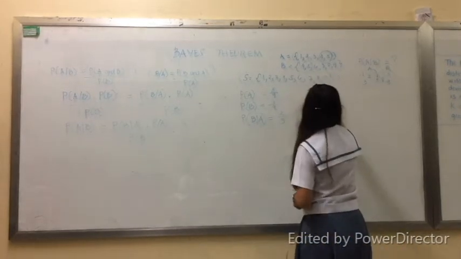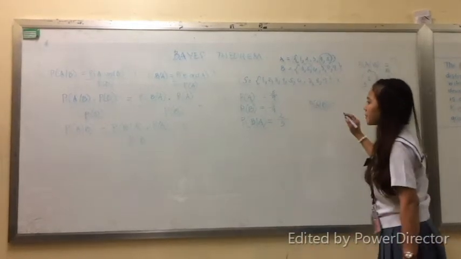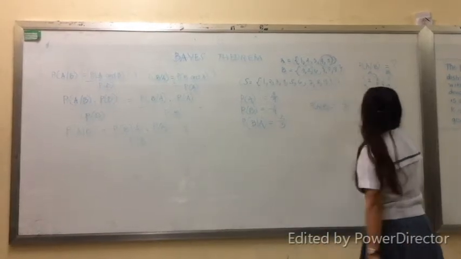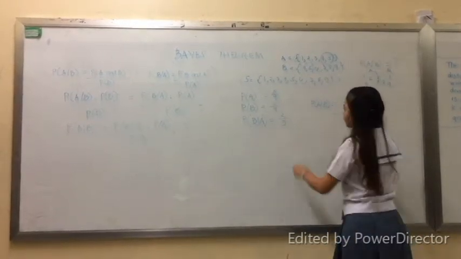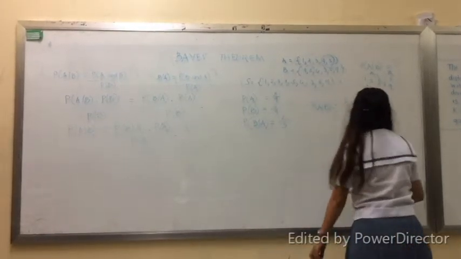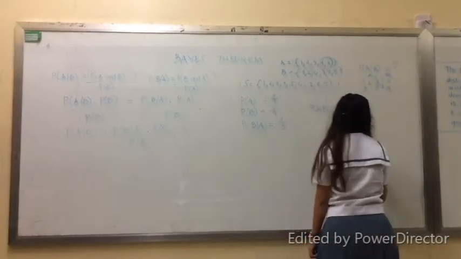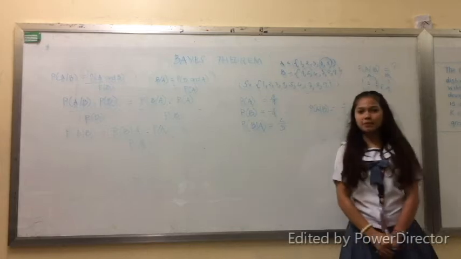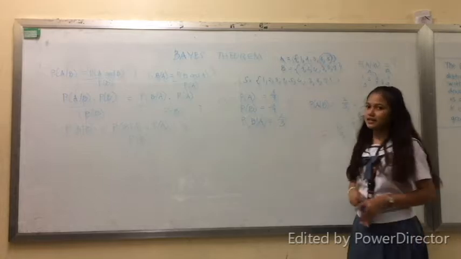So we have the probability of A given B is equal to 2/5 times the probability of A, which is 5 over 9, all over the probability of B, which is 6 over 9. So we can cancel this out, and we have an answer of 1/3. That is the answer for our first example.